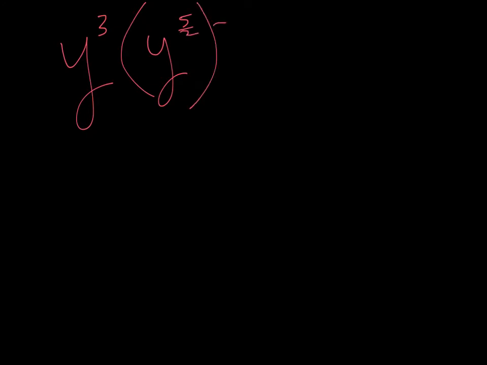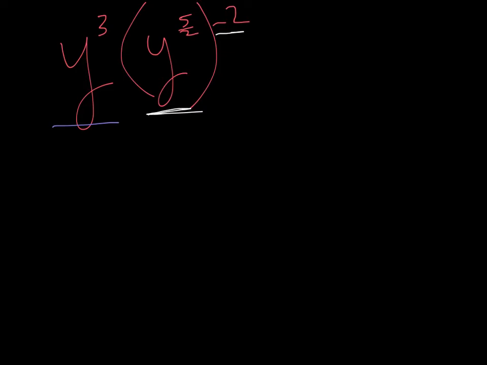What about if you have y cubed times y to the 5/2 raised to the -2? Well, this -2 is only being applied to this y base, right? It does not apply to this. So we do exponents first, right?